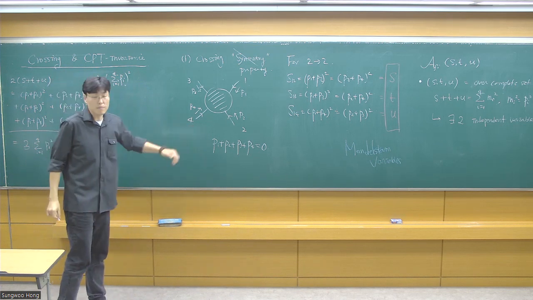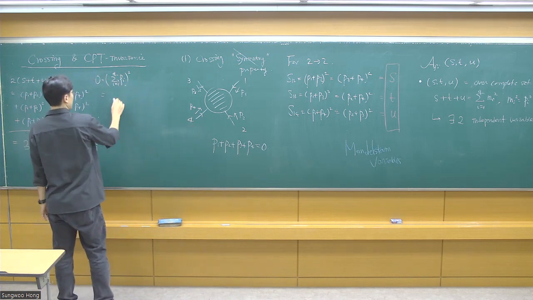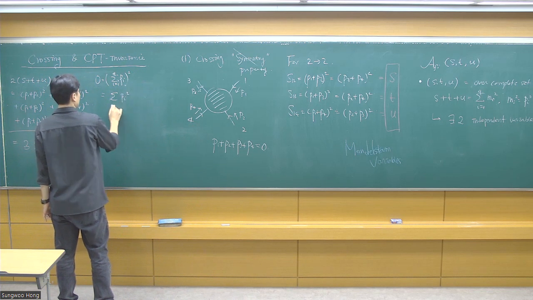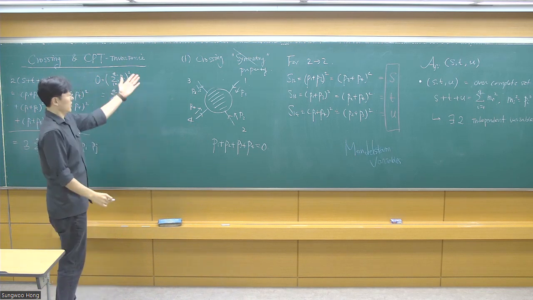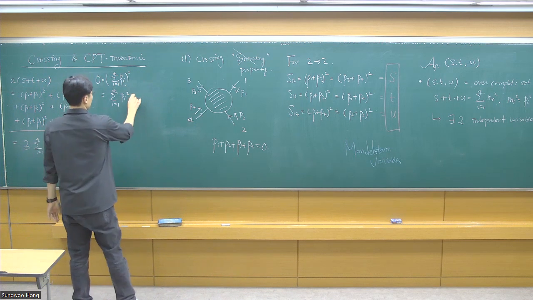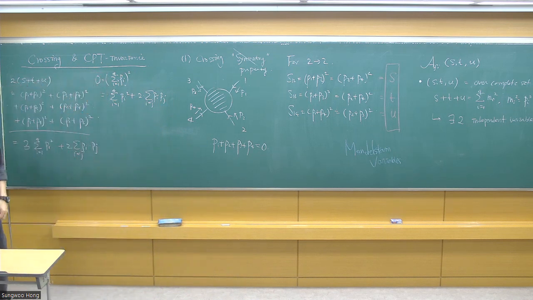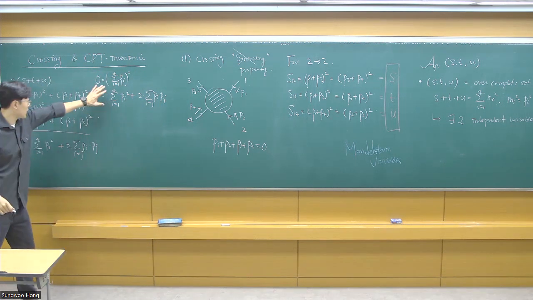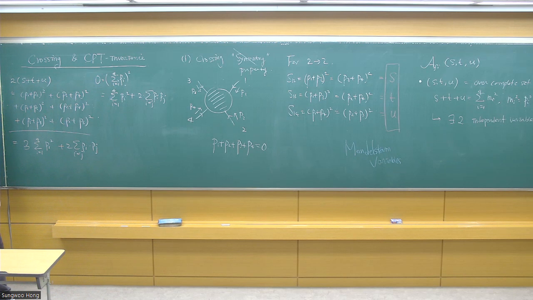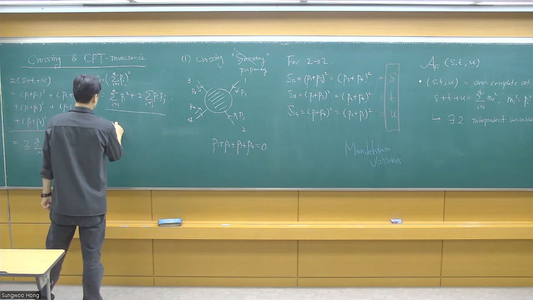So here you're going to get the sum over Pi squared from 1 to 4, squared. But also you have 2 times the full combination of Pi dot Pj, where again you don't include the case with the same i. So if you subtract that from there, what do you get?